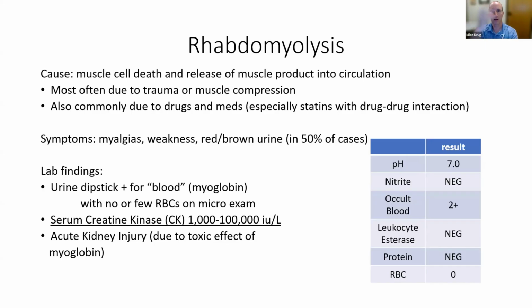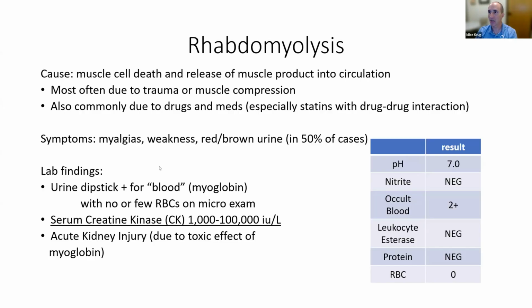That myoglobin floats around, causes trouble, especially in the kidneys. Again, in this case, it was due to muscle trauma from the initial insult and then the surgery. It can also be just drugs and meds, like statins with a drug-drug interaction. Symptoms: myalgias, weakness, red or brown urine. This person didn't have that brown or red urine to really tip you off.